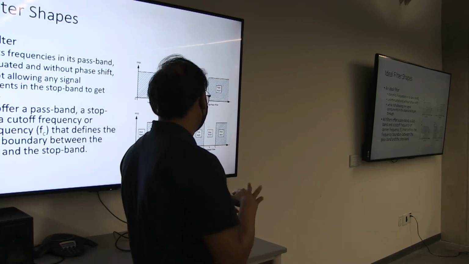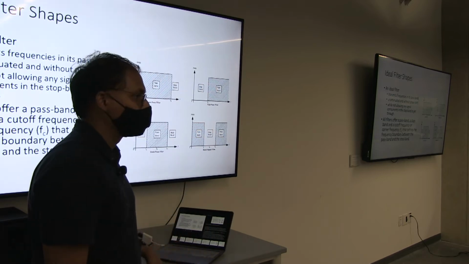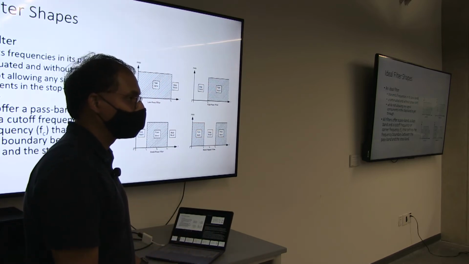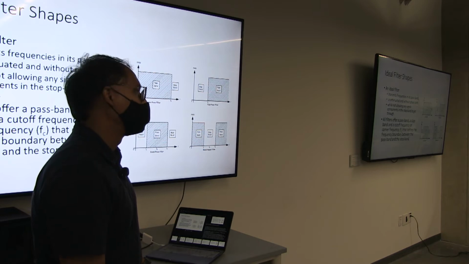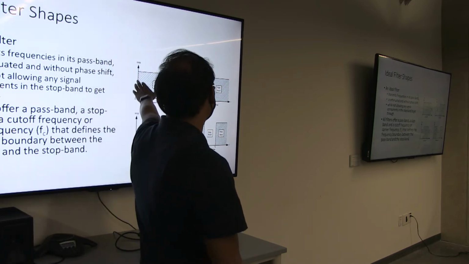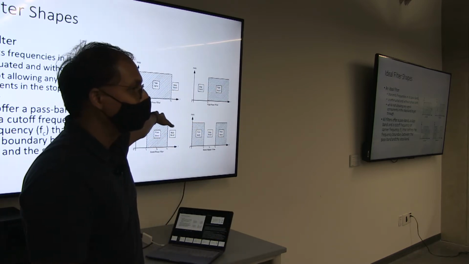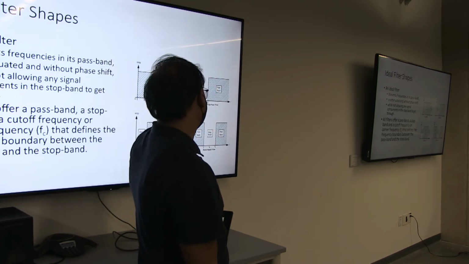So any comments on why this is not possible, like this brick wall kind of filter? What do you need? If you think about it in equation form, what does it represent?